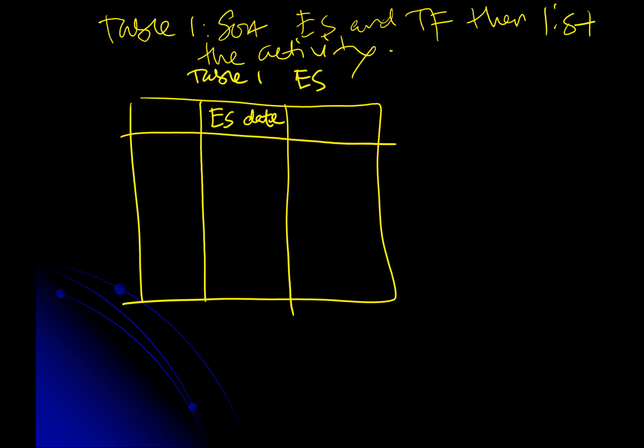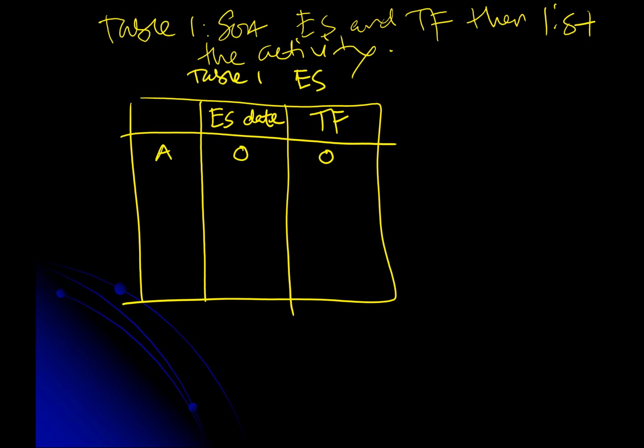Let's say the earliest date normally starts with 0, isn't it? Early start. Which activity starts with 0? Maybe activity A. Then total float. Total float could be 0. Then day number, whatever, based on your listing.